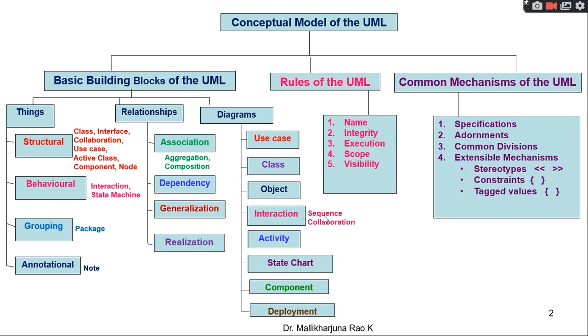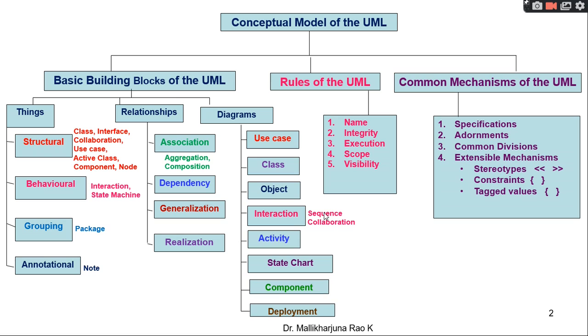When you want to model the communication between objects, dispatching the messages in time ordering, you can use a sequence diagram. To model the structural organization of the objects, you can use a collaboration diagram.